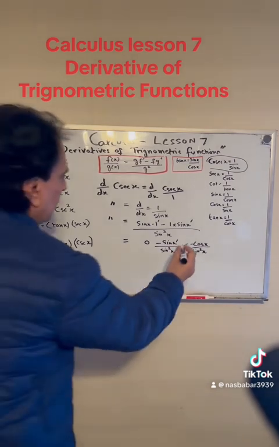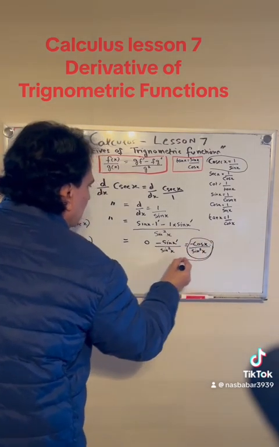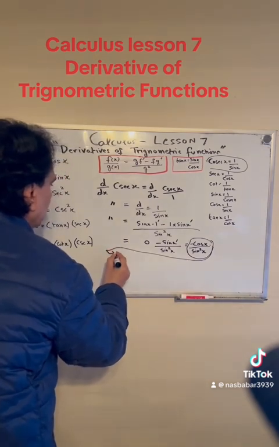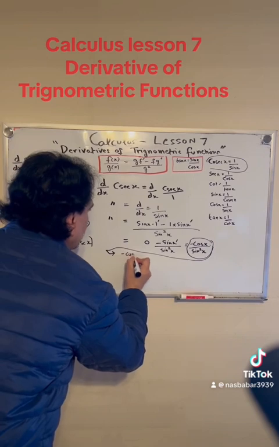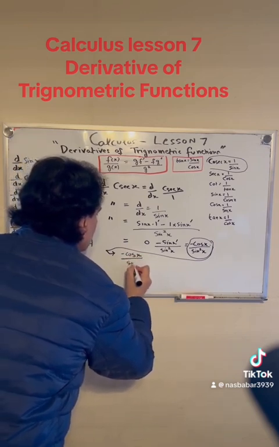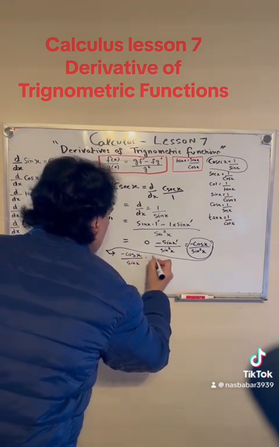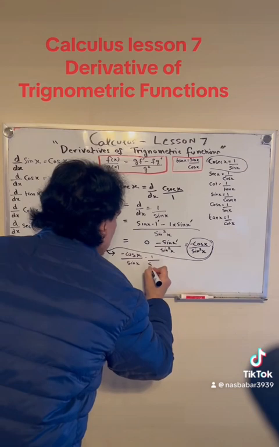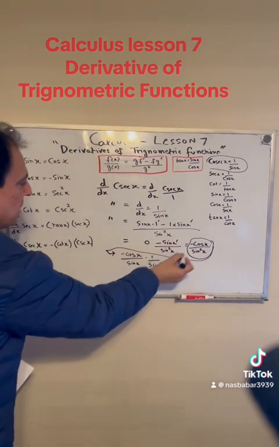Now further, what I can do is start from right here. I can say minus cosine of x over sine x times 1 over sine x. It's the same thing as this right here.